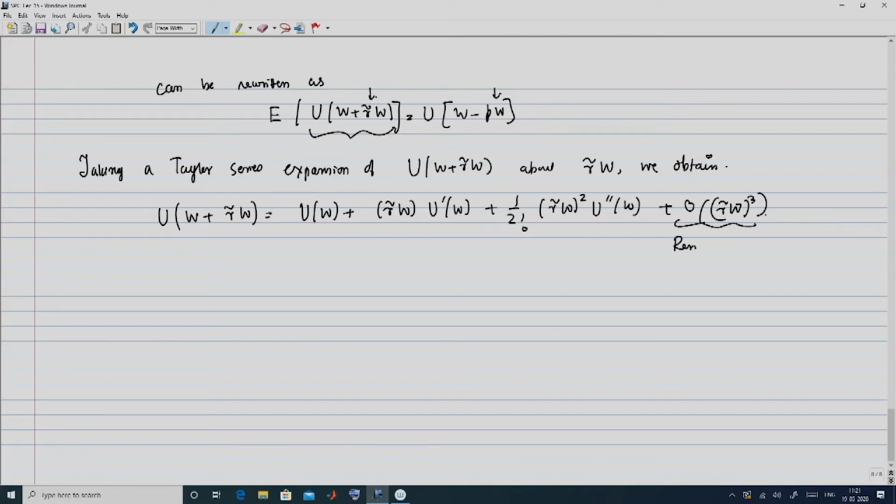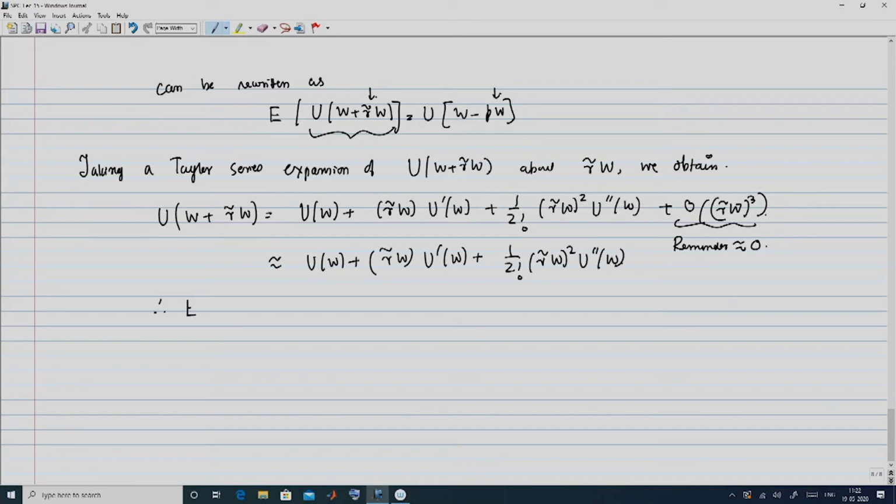As before, this is the remainder which we ignore, approximately 0. So the expression is approximately u of W plus r tilde of W u prime of W plus 1 over 2 factorial r tilde of W square u double prime of W.